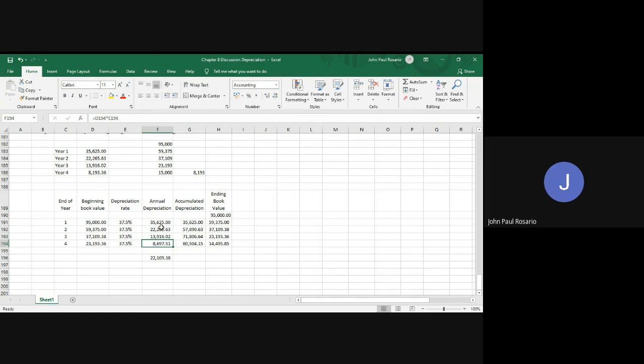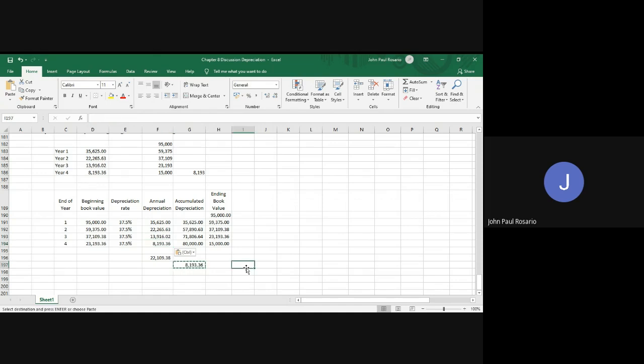However, on the last one, since we want our ending book value to be equal to 15,000, what we do is deduct from our ending book value at year 3 our salvage value of 15,000. So we copy this here.